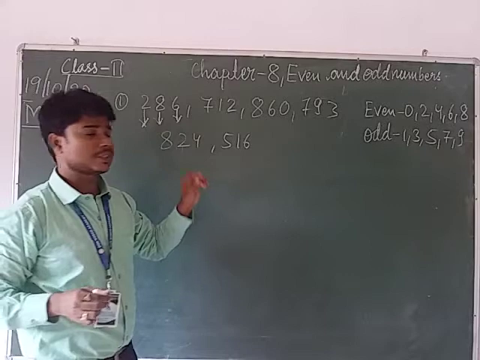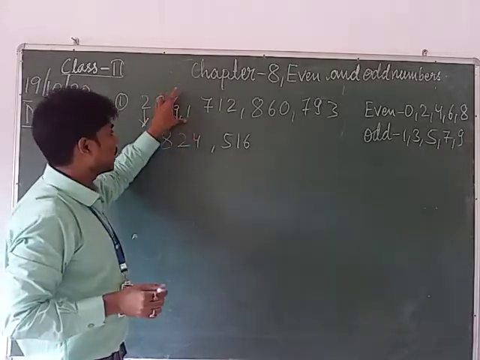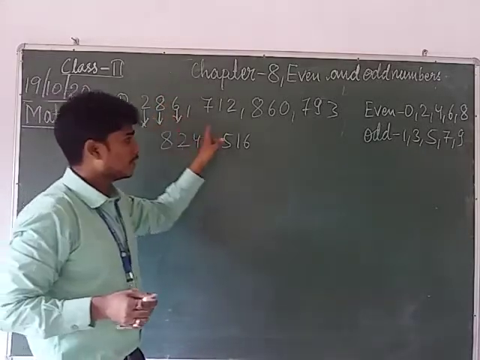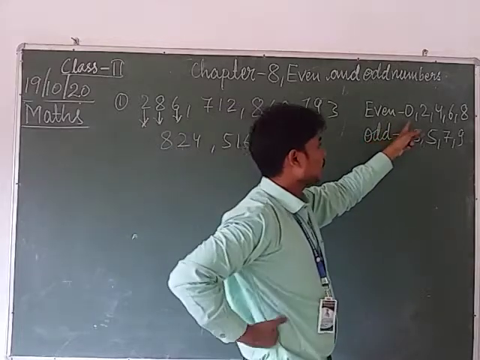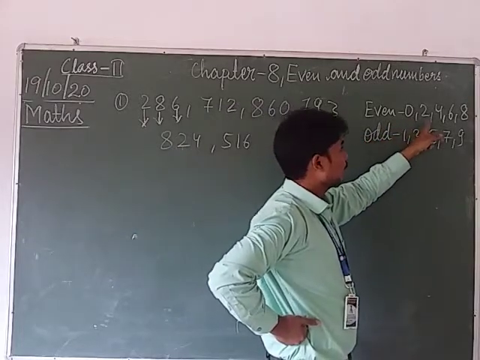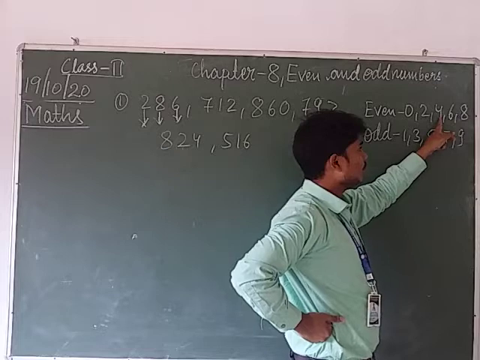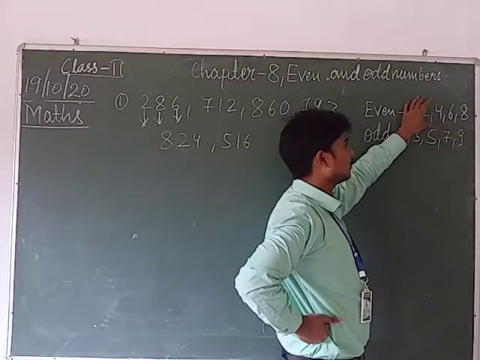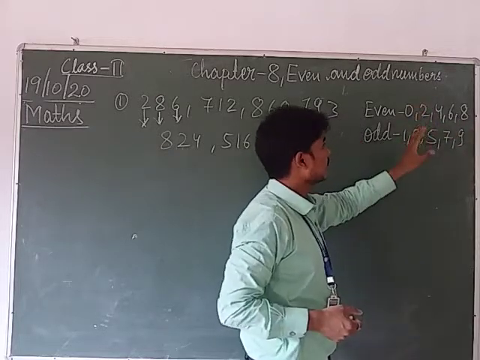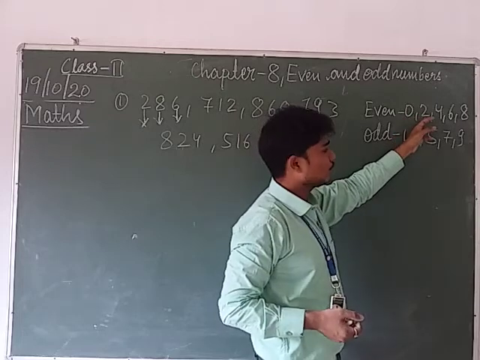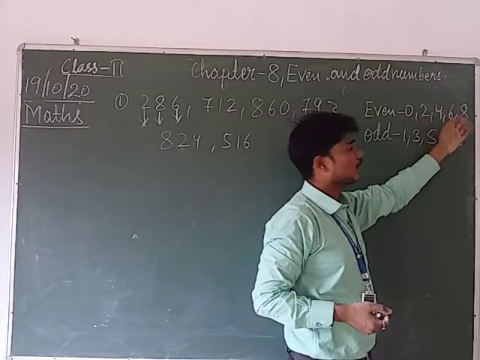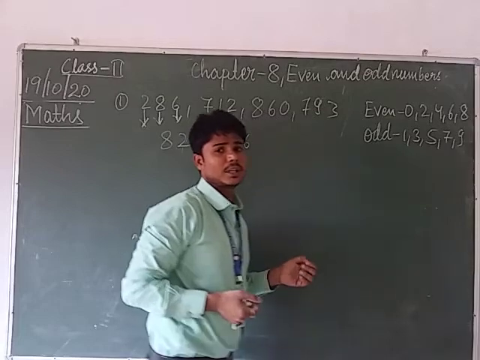But we have to check only the number at the unit place. If the number at the unit place is 0, 2, 4, 6 or 8, out of these 5 numbers, that number is called an even number.